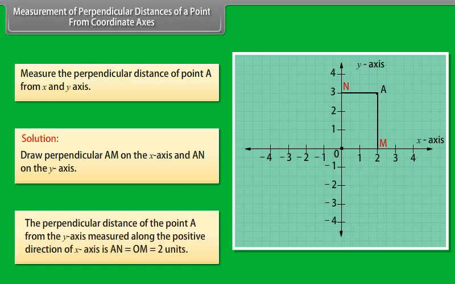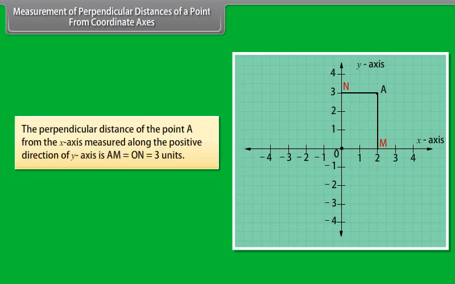We can see that the perpendicular distance of the point A from the y-axis measured along the positive direction of x-axis is AN equals OM, which is equal to 2 units. And the perpendicular distance of the point A from the x-axis measured along the positive direction of y-axis is AM equals ON equals 3 units.